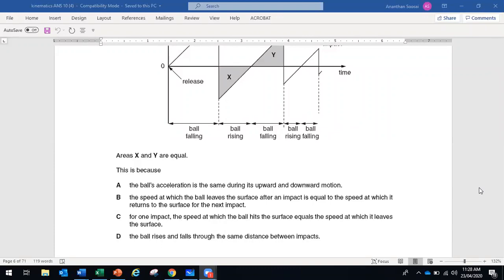Why are the X and Y areas the same? C. Okay. So B, C, D, we have a variety of answers.